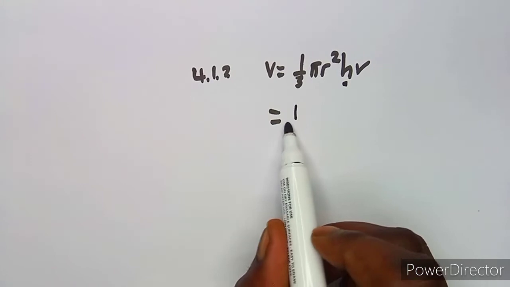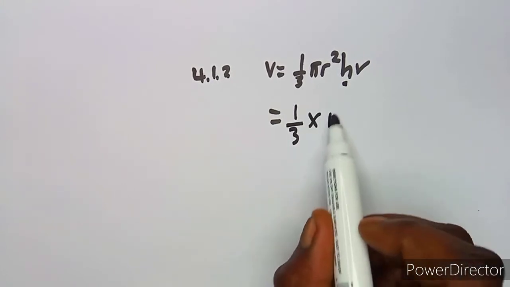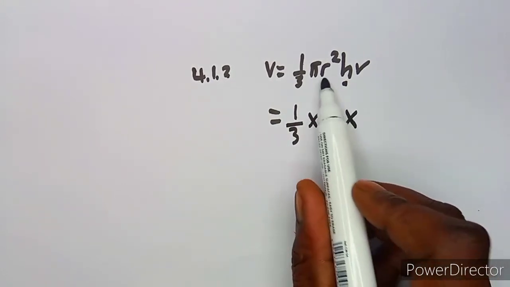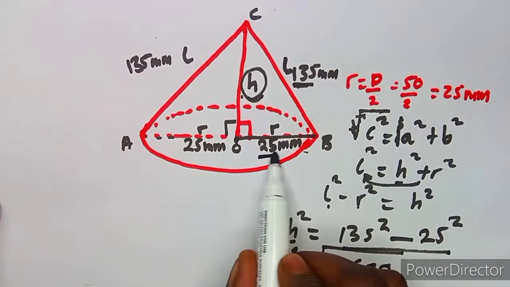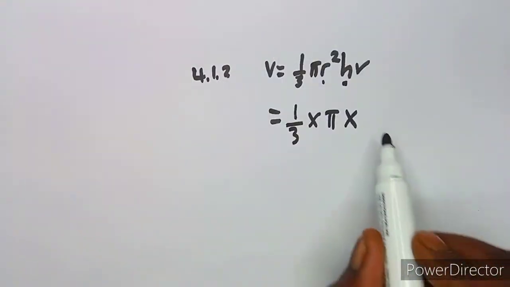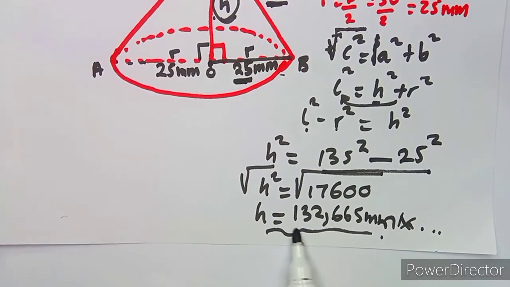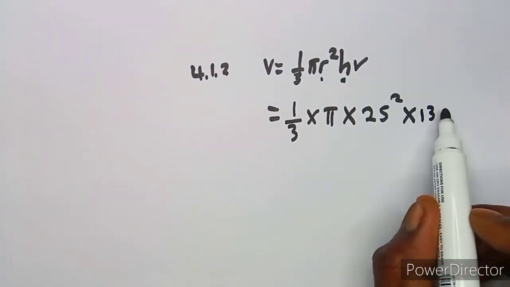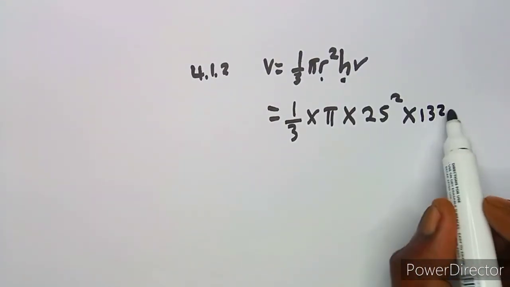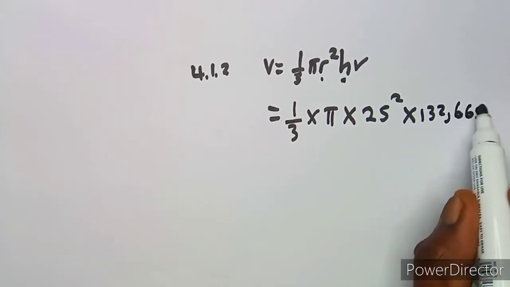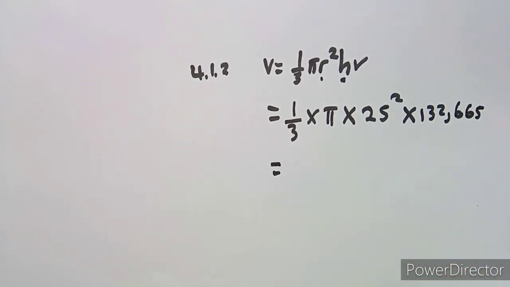So we are now having a third times pi times r squared, which is the radius here of 25 millimeters squared, times the height that we just calculated, which is 132.665. We apply the calculator there.